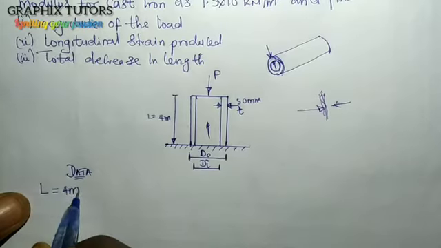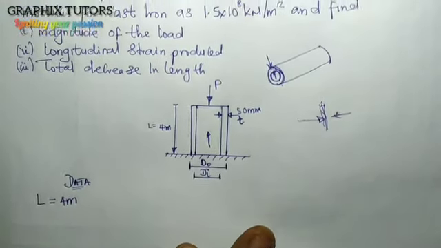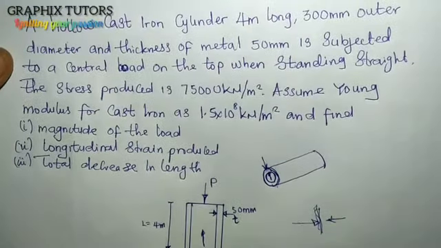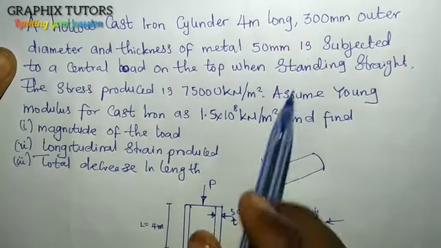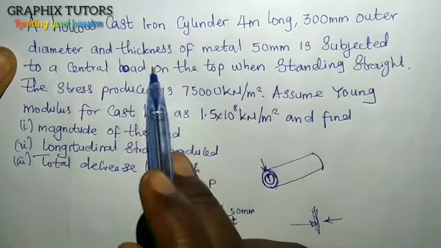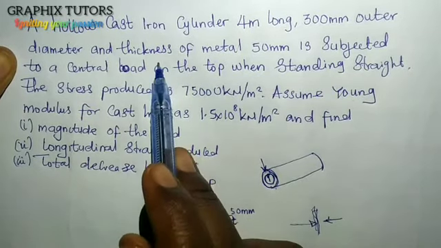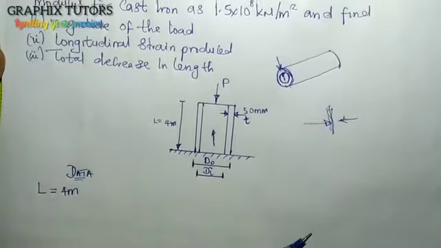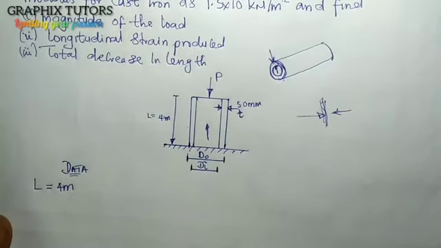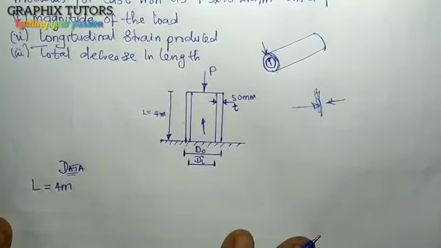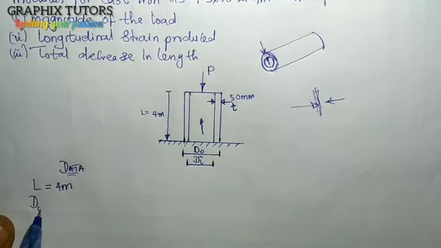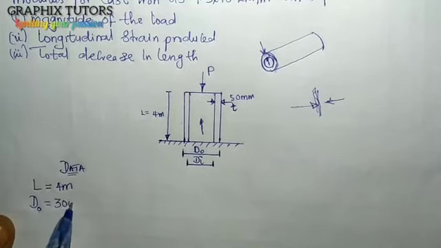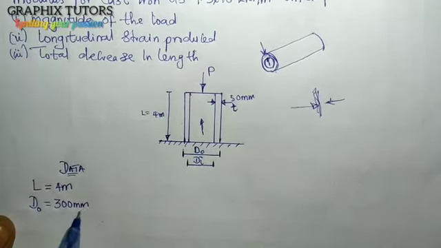And also, if you look at this very well, we are told that it has a 300 millimeter outer diameter and 50 millimeter thickness. So I'm going to write it this way. The outer diameter DO is equal to 300 millimeter, right?